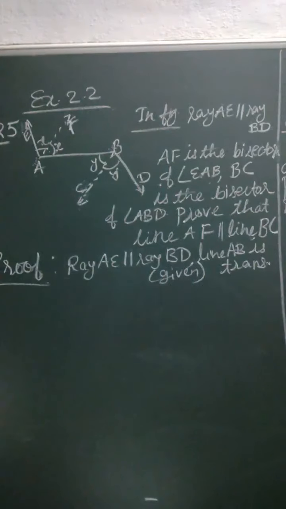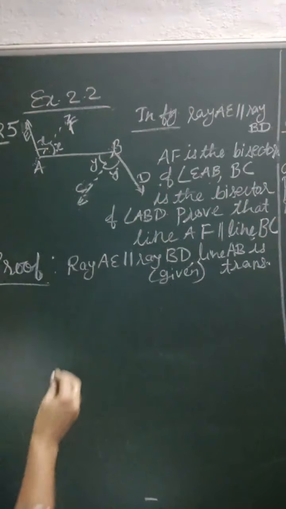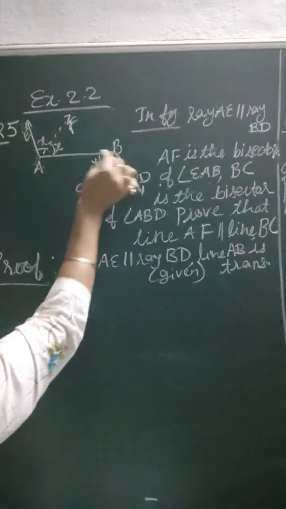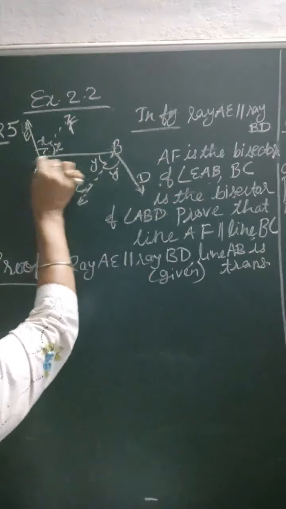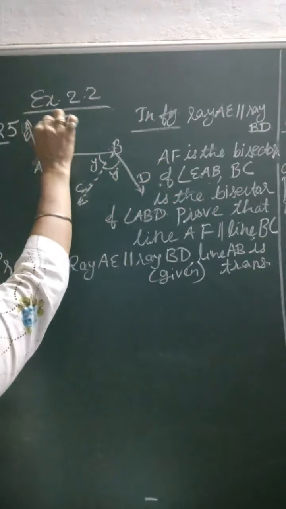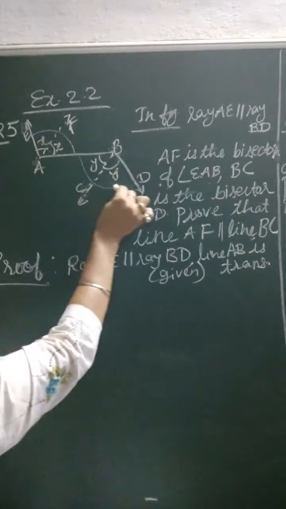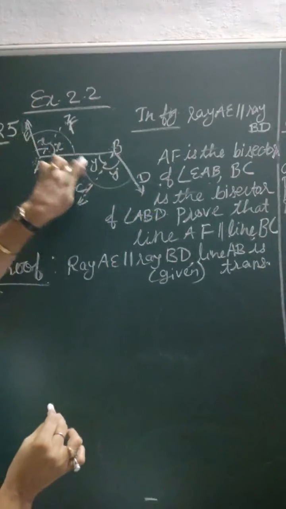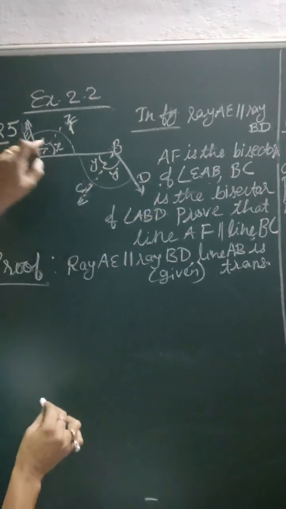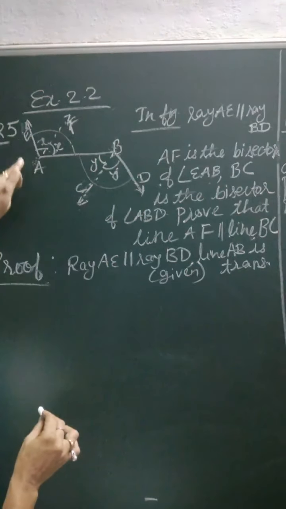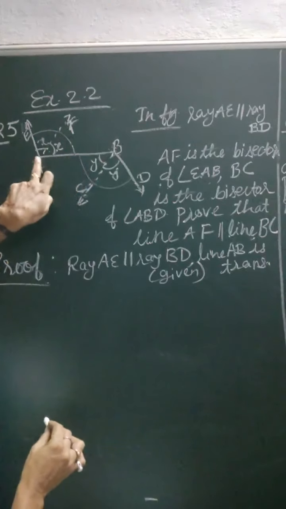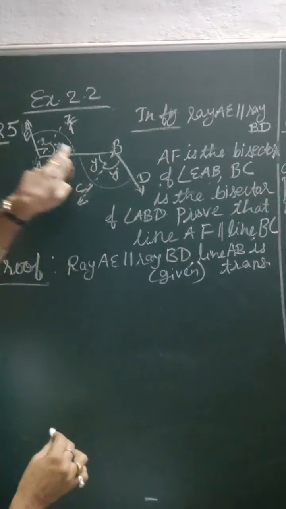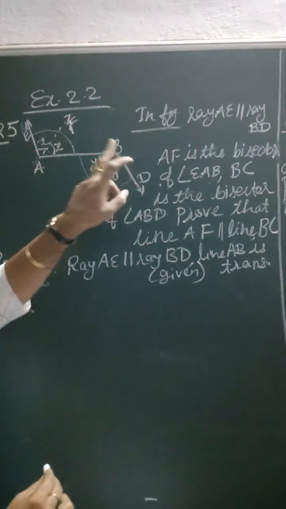Okay. Now you can see if AE is parallel to BD and AB is transversal, then this complete angle and this complete angle, what type of angles are they? They are alternate angles. It is a pair of alternate angles, and from this you get that angle EAB is congruent to angle ABD. As you can see, it is a pair of alternate angles.